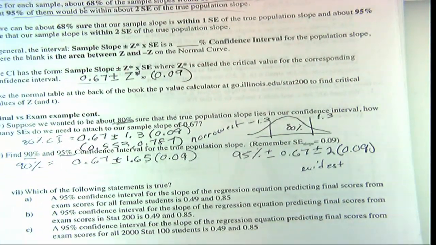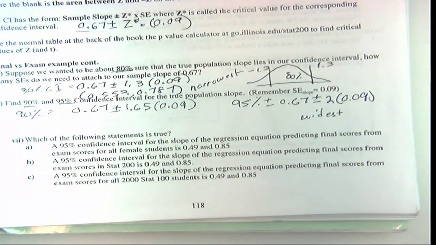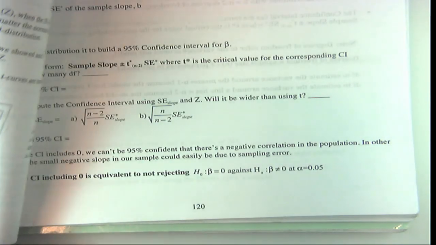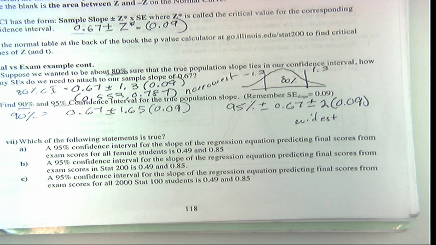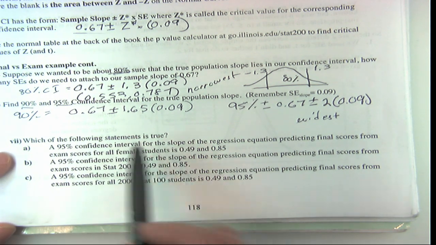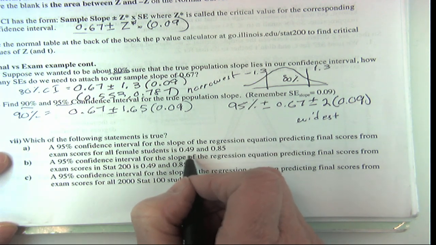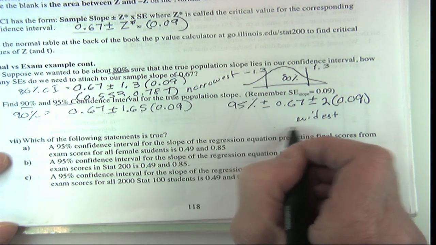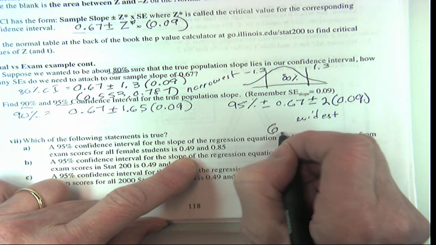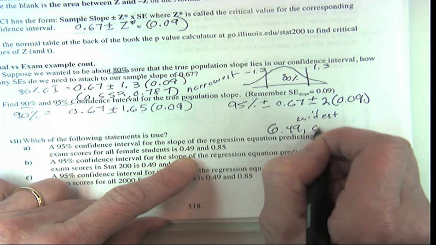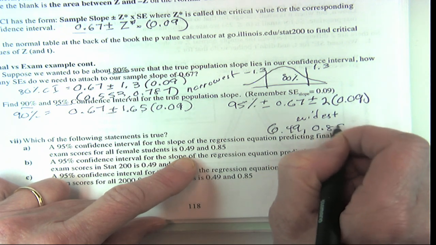Now, who can we apply these to? Let's just keep moving. I'll give you one at the end. So, which of the following statements is true? Now, all of these is a 95% confidence interval. When we did this, it gives you between 0.49 all the way up to 0.85.